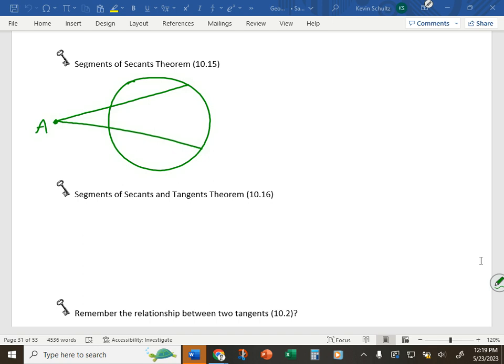We'll call these A, B, C, D, and E. Notice we have an outside and an inside piece here. We have the part of the secant that's outside the circle and the part of the secant that's inside the circle. It's not going to be part times part, it's going to be part times whole. The last one was part times part, the one part of the chord times the other part of the chord. This is the part times the whole.